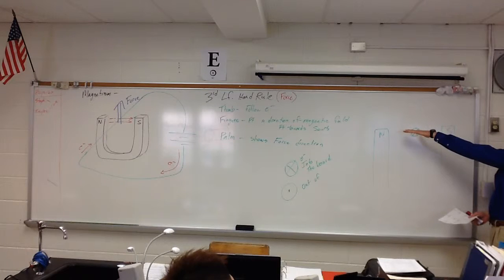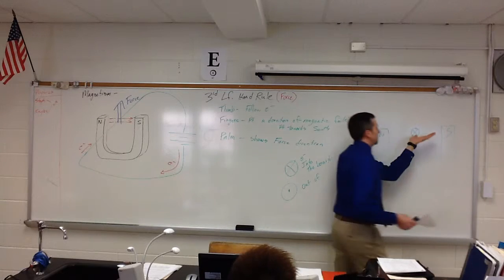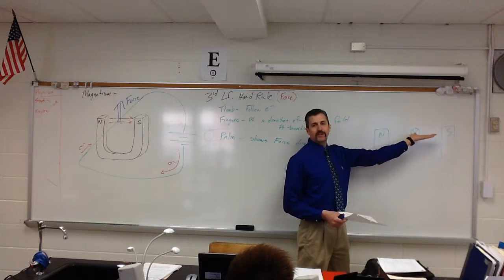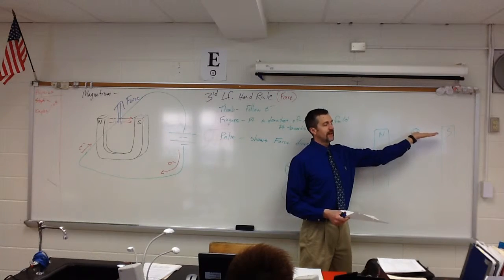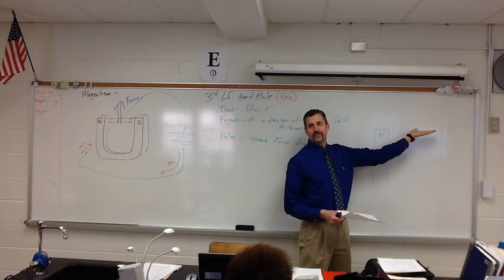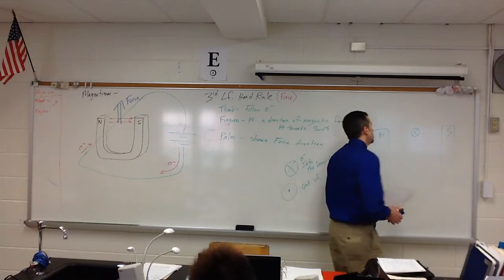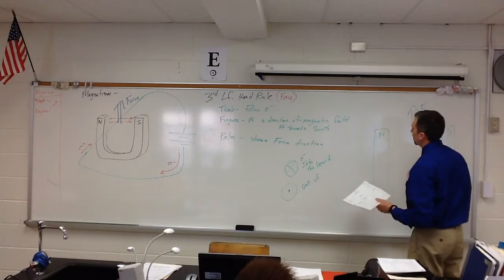But notice the way I arranged my hand right now, my fingers are going the wrong direction. So I'm going to have to do this, so that now my thumb is still into the board, my fingers are pointing towards the south, and my palm definitely shows force in the upper direction. So the force in this case is again upwards.